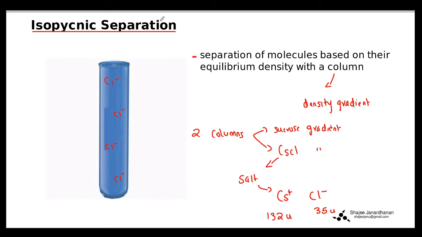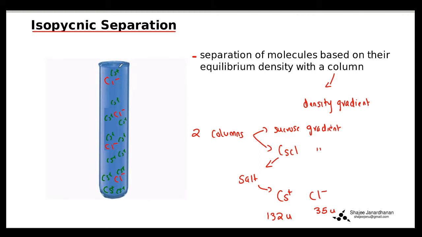But when you look at cesium, because it has a higher atomic mass, as the centrifugation proceeds, more cesium ions are going to settle at the bottom of the tube, and as you move towards the top, the concentration of cesium is going to decrease.